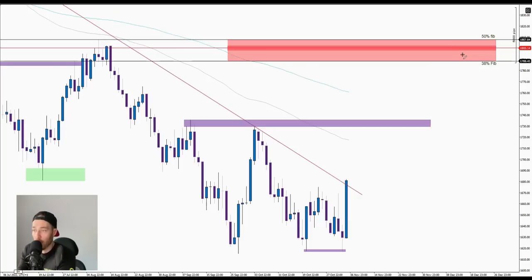So in this area, which is quite big, and we'll go more in depth on this zone, I see an awful lot of strong confluences to generate a longer term reversal, or at least a significant reversal from this area. So for me, the chance of seeing a reversal in this area is strong and I want to trade it. But if I'm following my usual strategy, that zone is too big for me to take a trade.